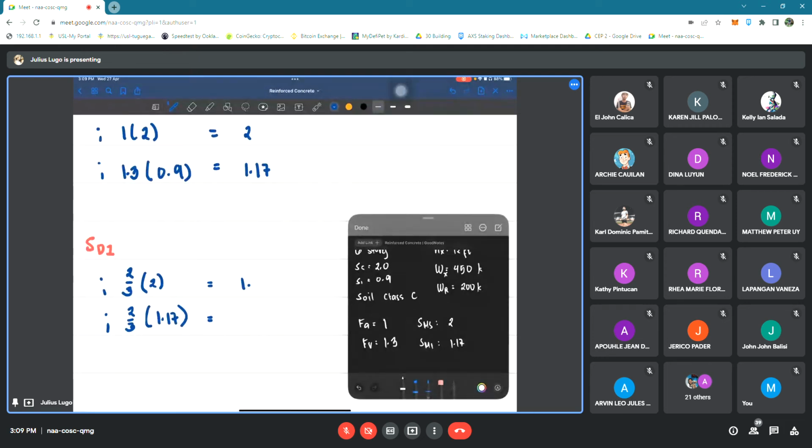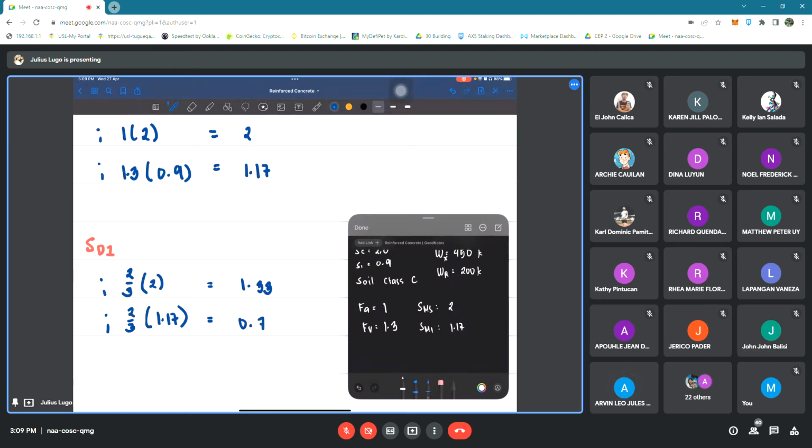Okay, so what are the values of your SDS and SD1? 1.33, and then yung pangalawa will be 0.78. Okay, so those are the values of your SDS and your SD1. So I'm gonna write here sa ating quick note yung ating SDS value and SD1.